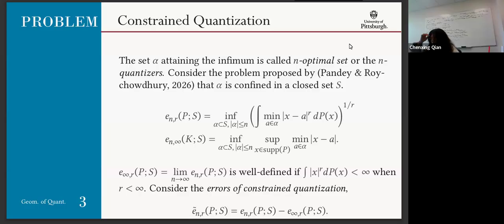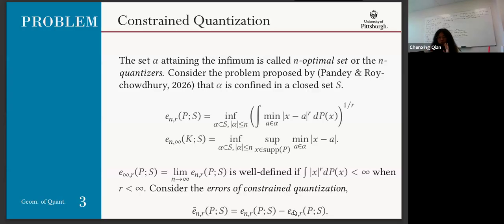In their 2026 paper, they verified that if the r-th moment of the probability P is finite, then the functional is well defined. A little difference here is that the constraint closed set may have a positive distance from the support of P, so we have to subtract e_{infinity,r}.